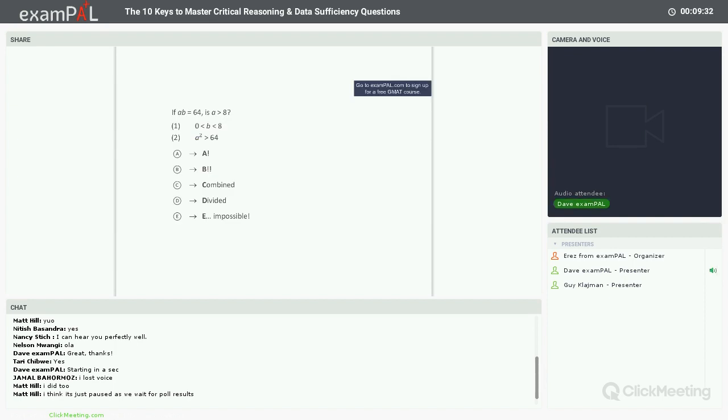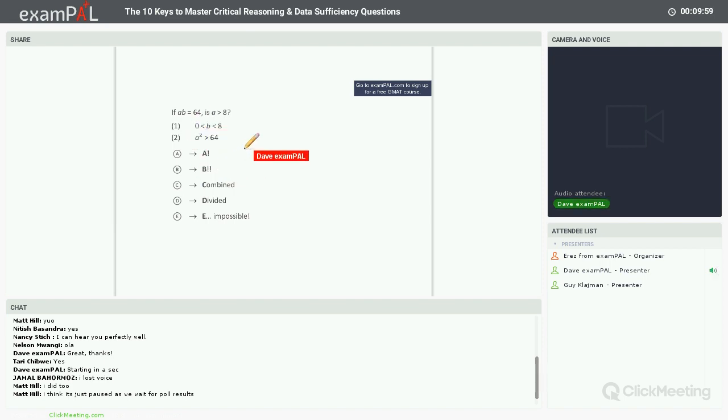Before we begin, a quick reminder of what the answer choices in data sufficiency mean. I'm sure you know this, but just in case anyone is new in their studies and isn't sure yet. Don't even look at the text of the question yet, just look at the answers. A means the first statement, and only the first statement, is sufficient to answer the question.